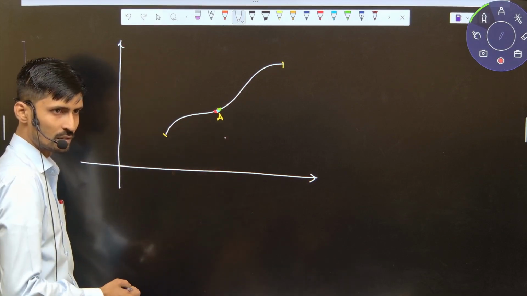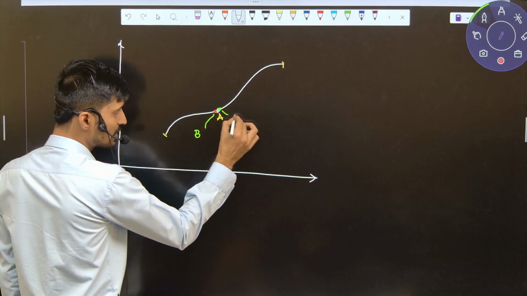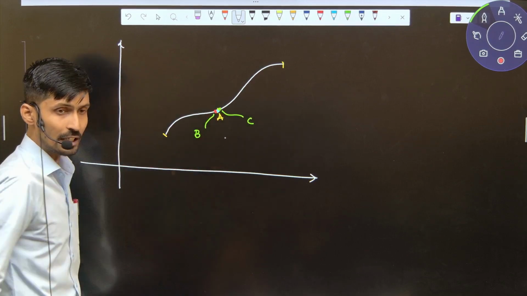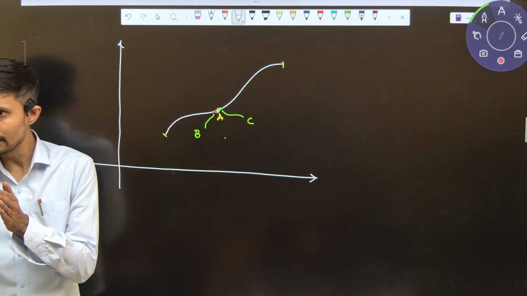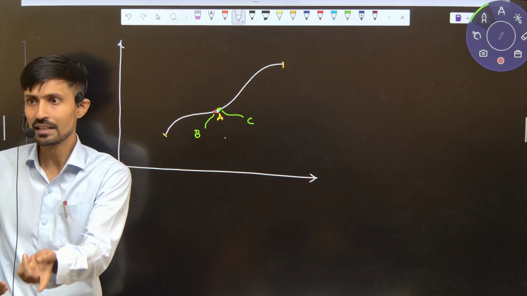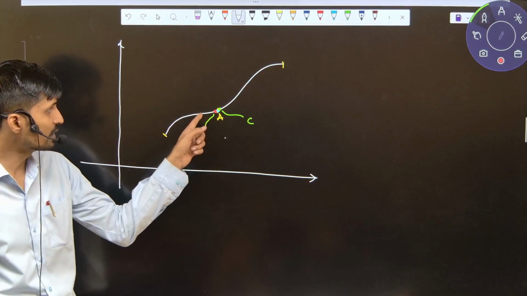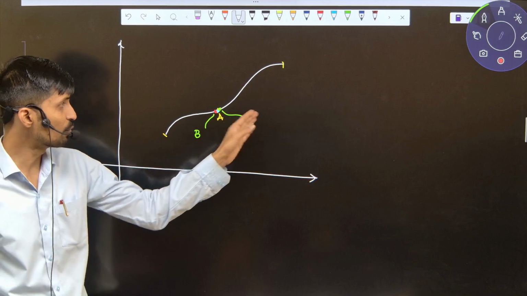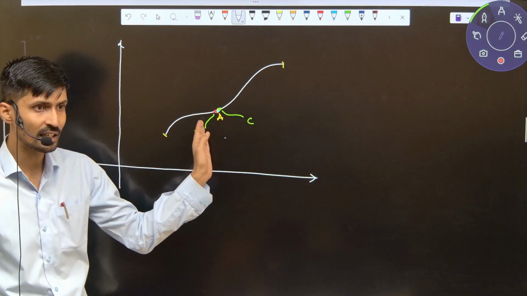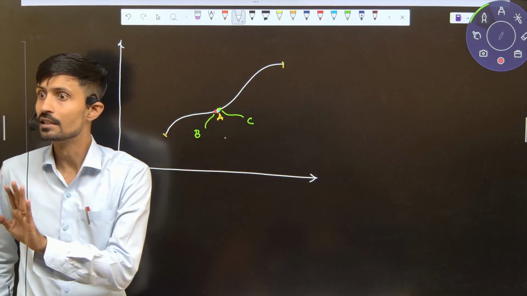So let's say this is your point B and this is our point C. It means A, B, C, all 3 points are touching each other. Then only we can say it is continuous. And if point C is not touching A, or B is not touching A, we will say that is discontinuous.